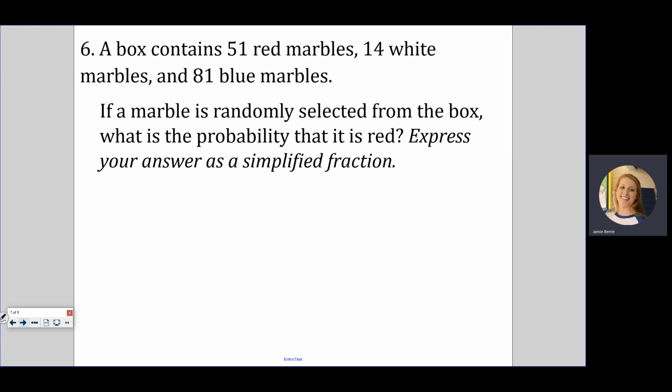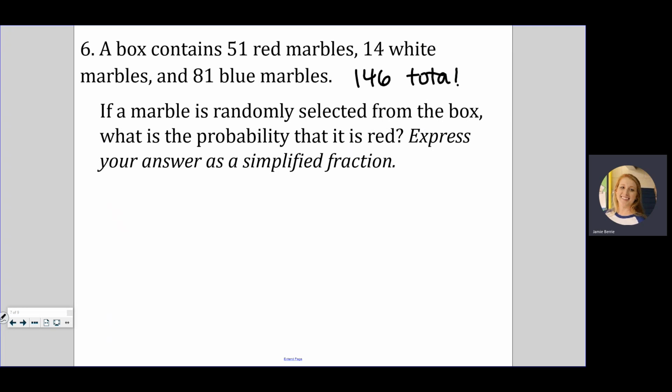All right, a box contains 51 red marbles, 14 white marbles, and 81 blue marbles. What's the total number of marbles in the box? 146. So 146 total. If a marble is randomly selected from the box, what's the probability that it is red?